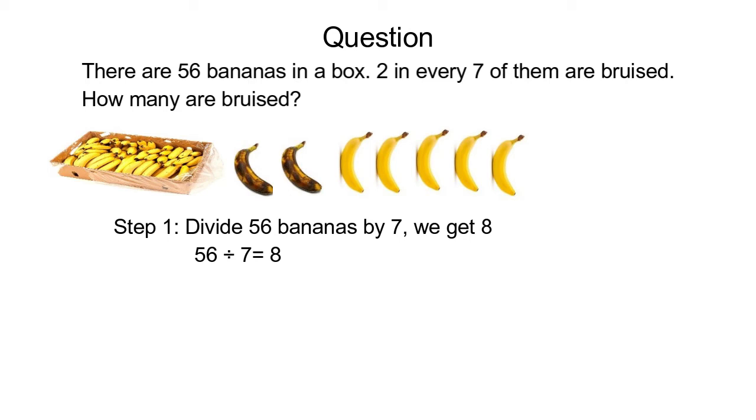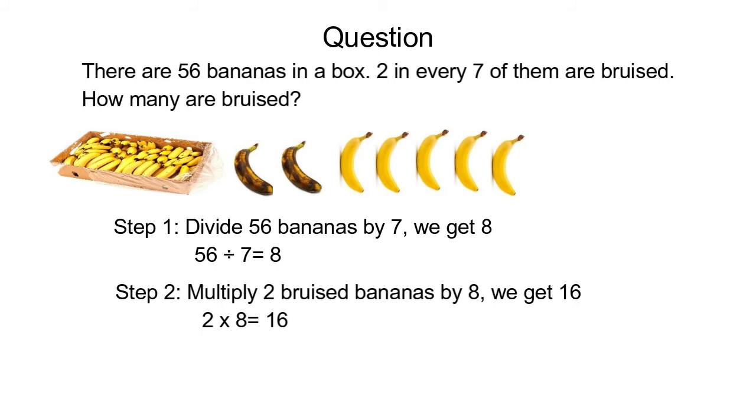So we get 8. Next, we multiply the 2 bruised bananas by 8. We get 16. So we can say that there are 16 bruised bananas.